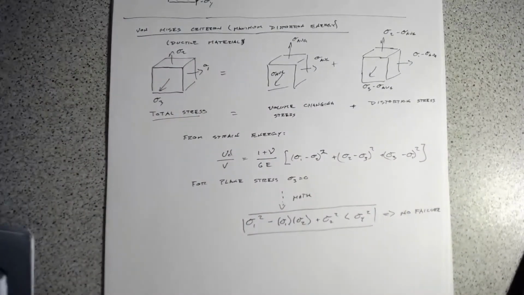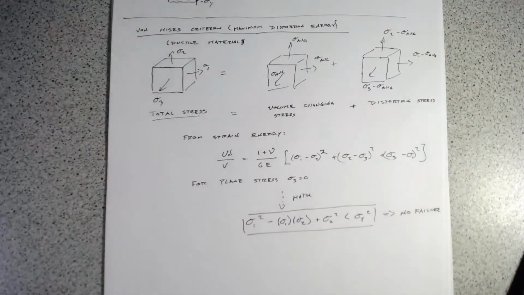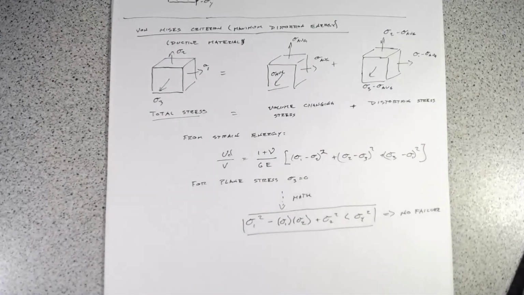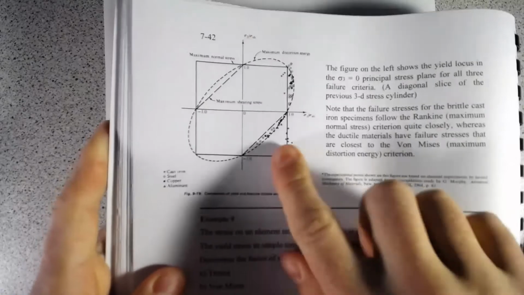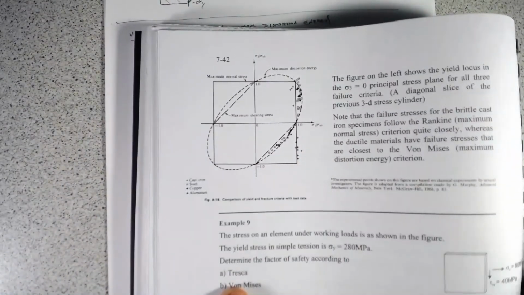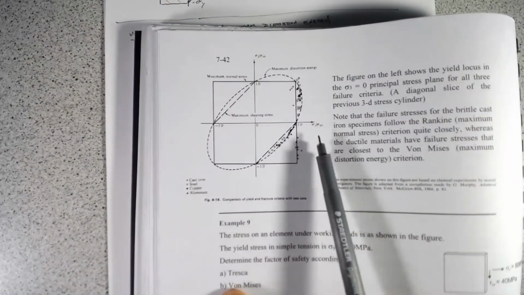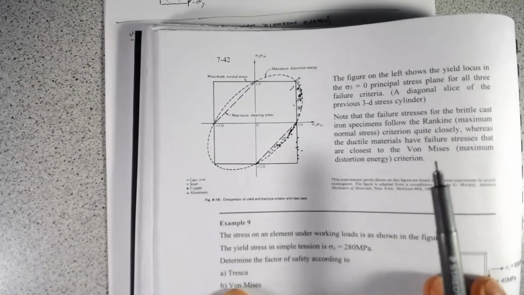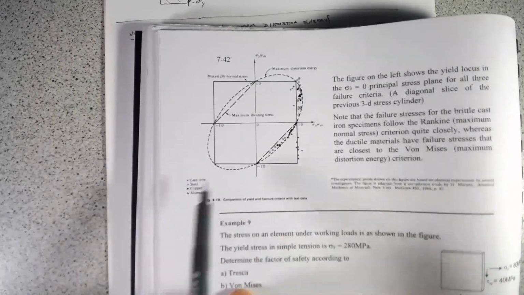And I just wanted to also highlight that these are real. So again, in your notes on page 742, these are the principal stresses of some actual test data compared to these failure criteria.